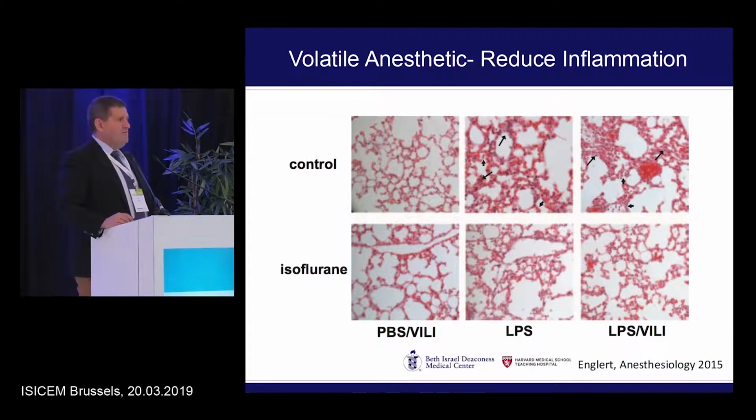So above you can see the control animals. Below you can see the animals with isoflurane, and you can see 3 levels of lung injury. And in each of those levels, the inflammation, the thickening of the capillary, of the alveolar membranes, the migration of neutrophils into the alveoli are all attenuated by use of inhaled anesthetics.